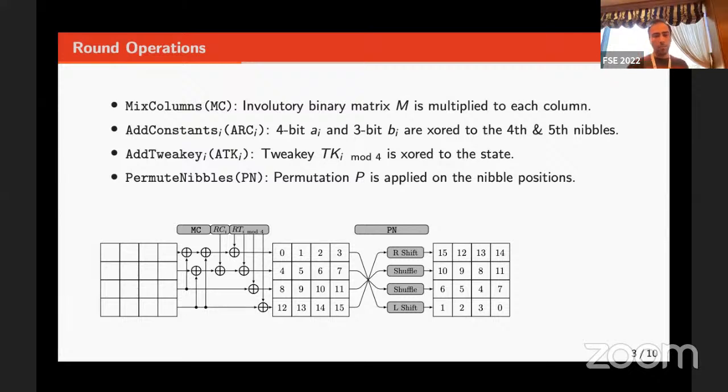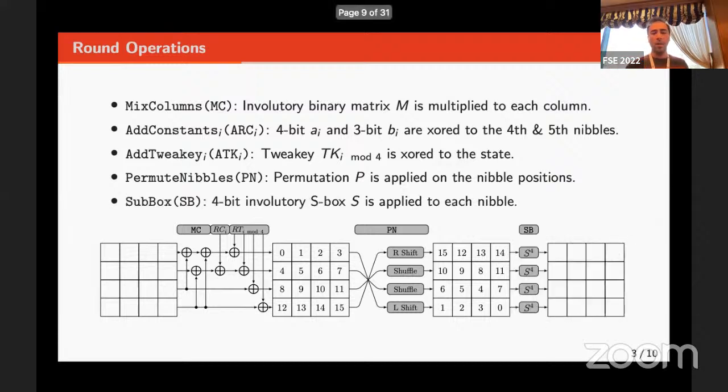Using a permutation P, it changes the position of the nibbles. Note that any nibble from the lower half will go to the upper half, and vice versa. So any nibble from the upper half will go to the lower half. And the last operation is just applying an involutive Sbox to each nibble.